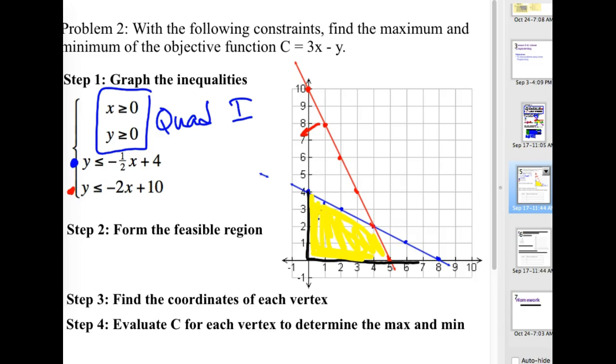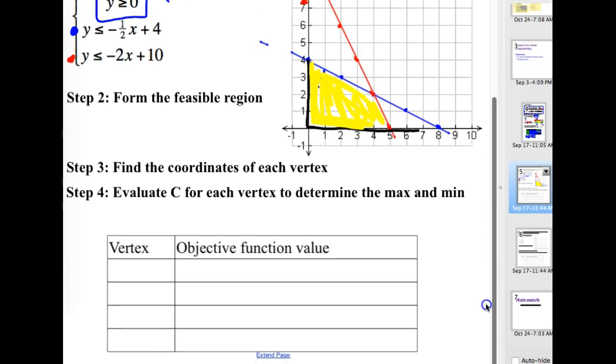Make our chart. We need the vertices, and then we need to figure out what our objective function is going to be. Okay? So vertices would be what? 0, 0 would be this one. Okay? How about this one? And the order that you put them in doesn't matter. You just need them all listed.